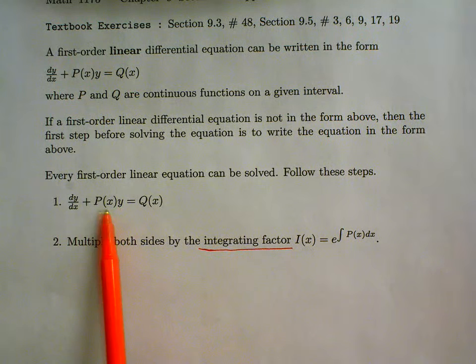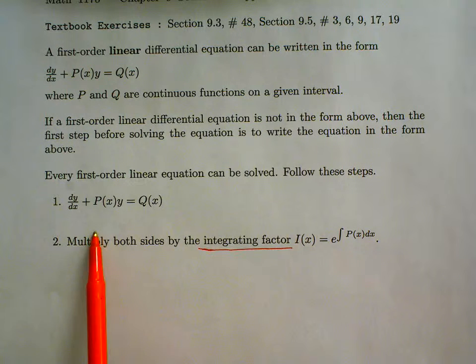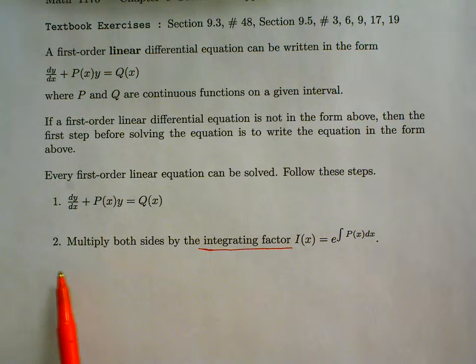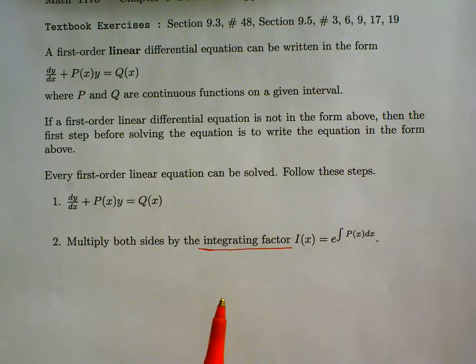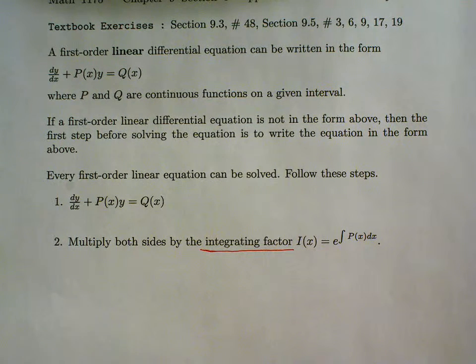And p of x is the function that we're multiplying by y in this equation. Okay, the effect of multiplying every term on both sides by this integrating factor is that after doing so, the left-hand side is the derivative of a product in which the product rule is defined.